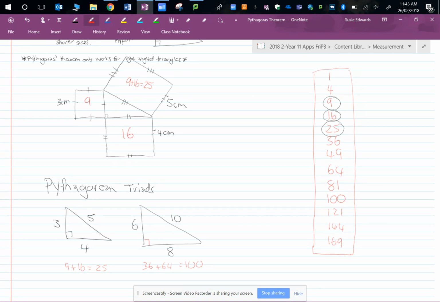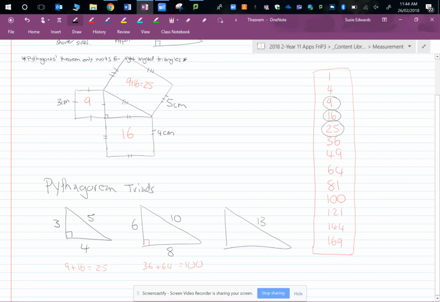All right, the third one is a bit trickier, and it's not a double one, but it adds up to 169. So that means the hypotenuse is going to be 13.